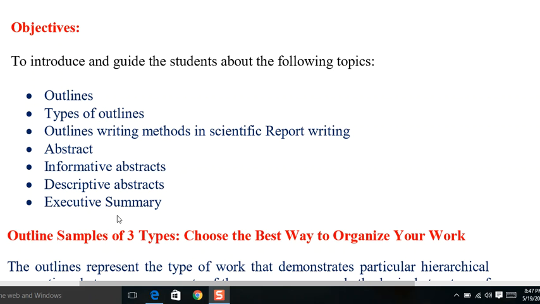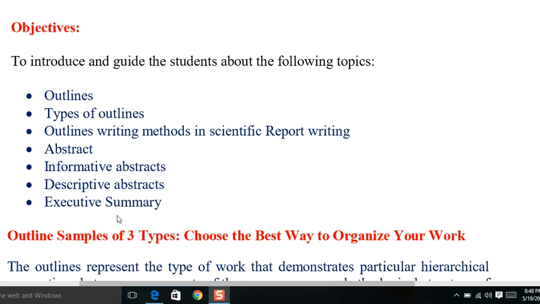There we covered what a scientific report is: a brief elaboration of a scientific subject matter, discussion, experiment, or project within specific, very smooth, condensed language.